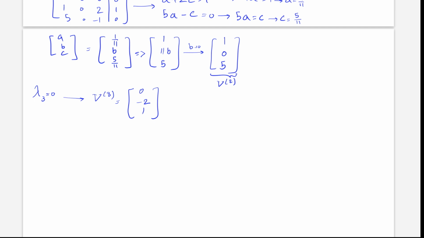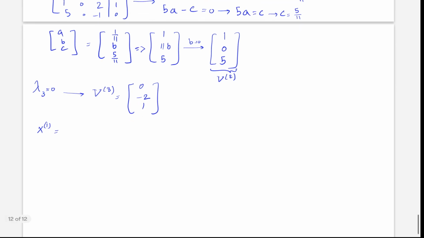And the linear combination of these sets of solutions will be our answer, the general answer. The first set of solutions, I'm calling it x1, corresponding to lambda 1. Okay. And then x2 will be corresponding to lambda 2, which is again 1.